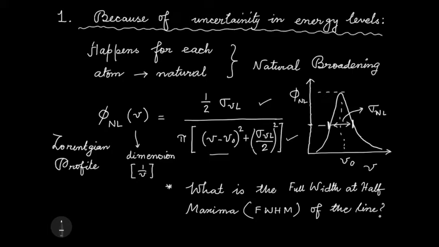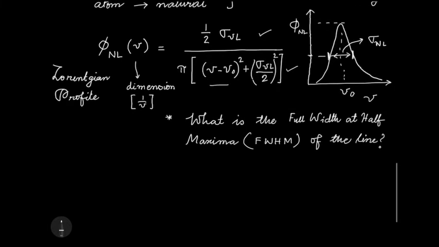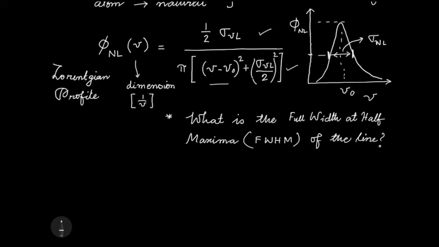So phi NL has a dimension of 1 by frequency, and you can expect that, because remember what it was giving: if I calculate phi nu d nu for any phi, this gives me the amount of energy coming in the frequency interval d nu around the frequency nu.